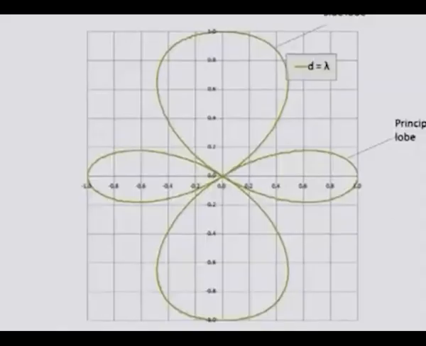What we see here is that we have a principal lobe and we have maximization of pressure at theta equals 0 degrees and at theta equals 90 degrees, and the width of the lobe in 0 degrees is very sharp, the width of the lobe in 90 degree direction is fairly wide.